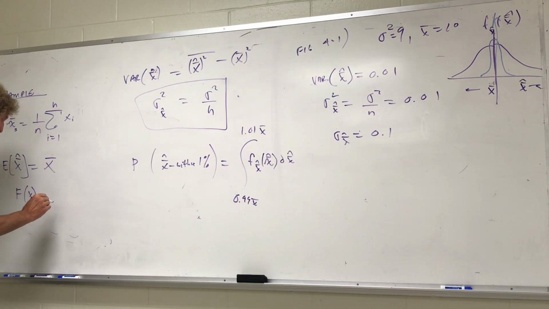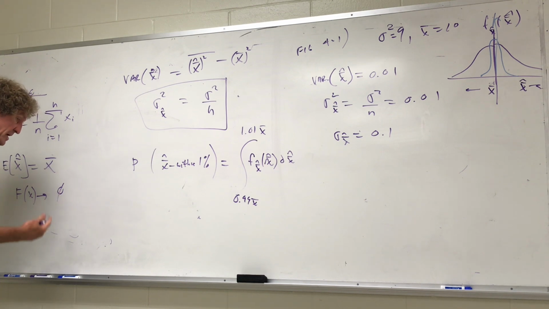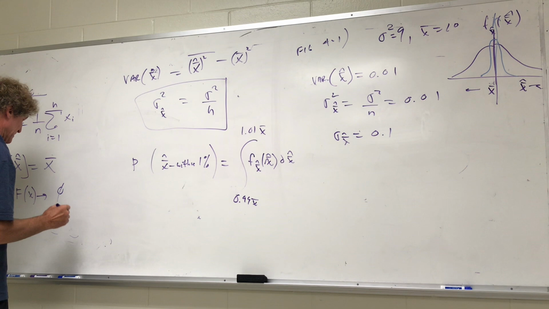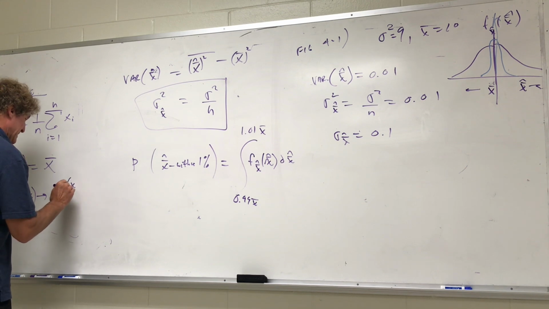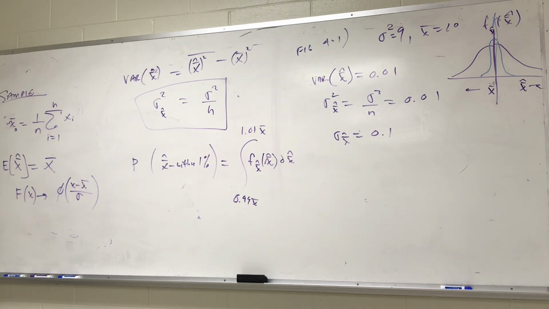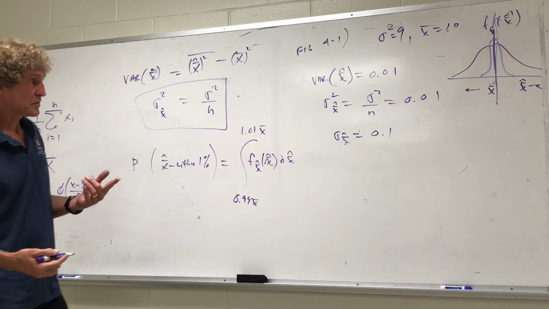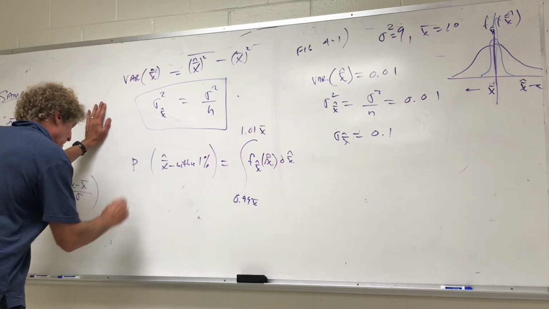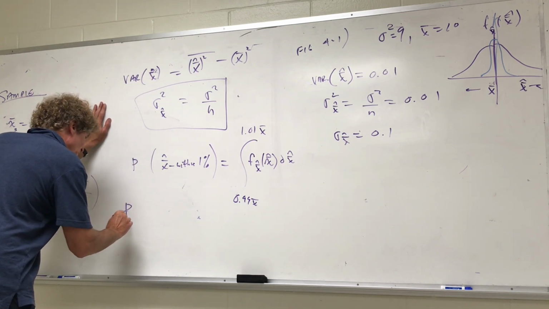What we end up doing is saying this is going to be his cumulative distribution function from minus infinity to the point of observation. It's going to be of x minus the mean value over sigma. That's the way in the book, that's what he calls the F function. So here, and this is what your calculator should be able to do for you, that means the probability is within 1%.